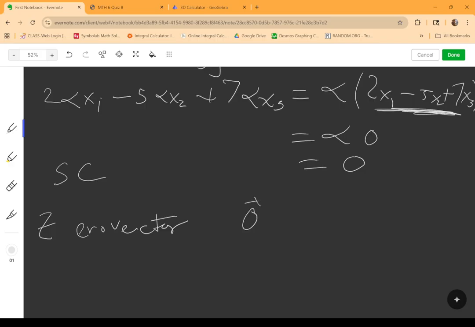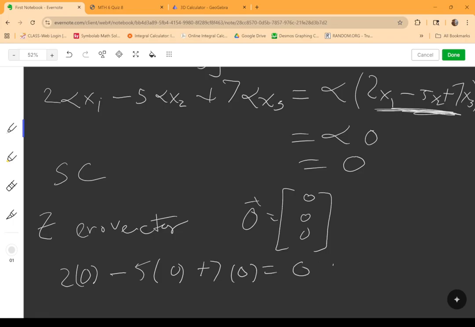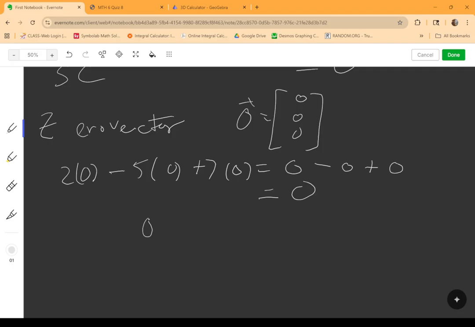Well, if we let our 0 vector be 0, 0, 0, and plug that into our equation, we do in fact get the value of 0. So the 0 vector, we can conclude, is in W.